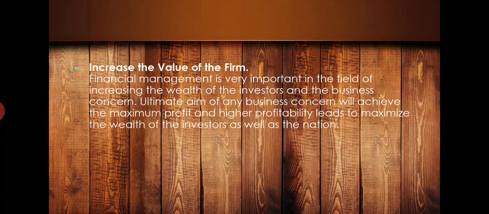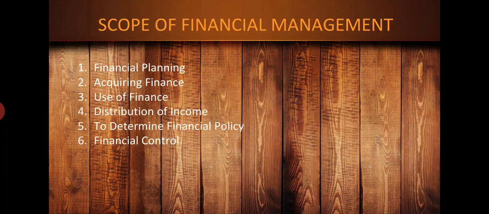Till now, I think you are all clear about the different points and concepts of financial management. Today we are going to discuss the scope of financial management, that is, how an organization deals with the working condition of the financial department of a particular organization.